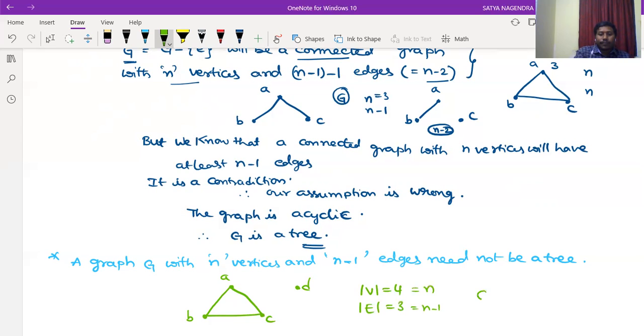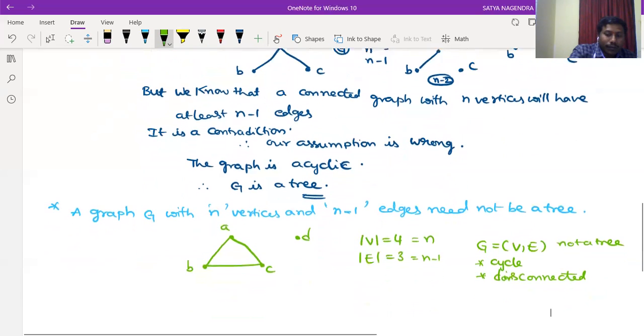So the graph G with vertices V and edges E is not a tree. It is not a tree, but it is having n vertices and n minus 1 edges. Why is it not a tree? Because it is not connected and it contains a cycle. It is a disconnected graph. So this is one point that you have to observe.